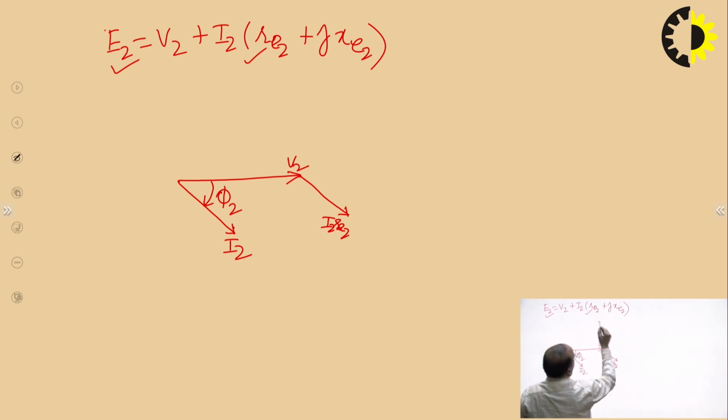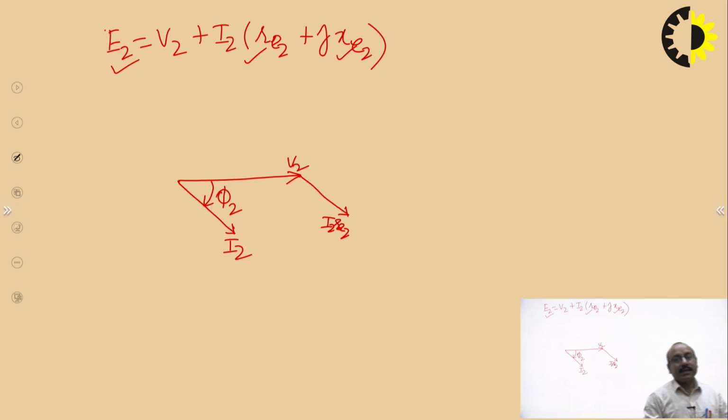Now, I2 XE2 will be leading by 90 degrees from I2, since XE2 is the equivalent leakage reactance in the secondary of the transformer, and this leakage reactance is basically an inductive reactance. Why do we call it leakage reactance? Due to leakage flux in the transformer, but basically it is an inductive reactance, and we know in an inductance the voltage leads the current by 90 degrees, or the current lags the voltage by 90 degrees. So, I2 XE2 is the voltage across the inductive reactance, which is the leakage reactance in the secondary.